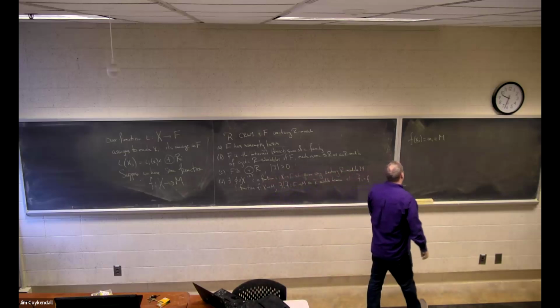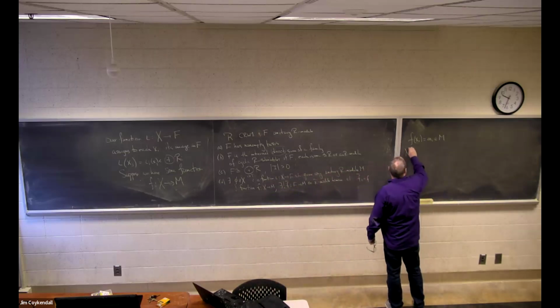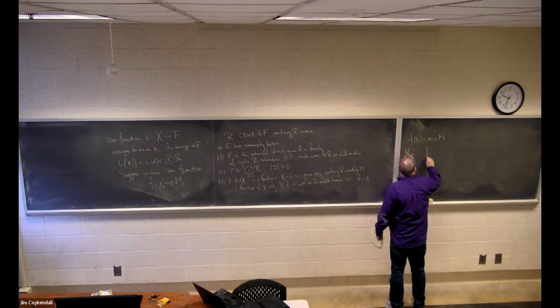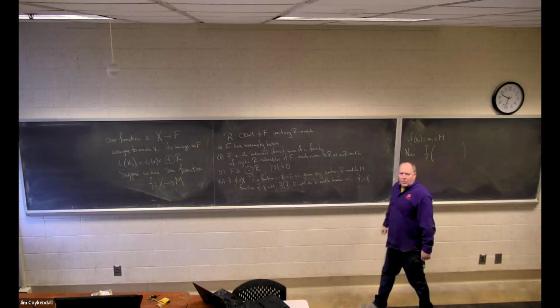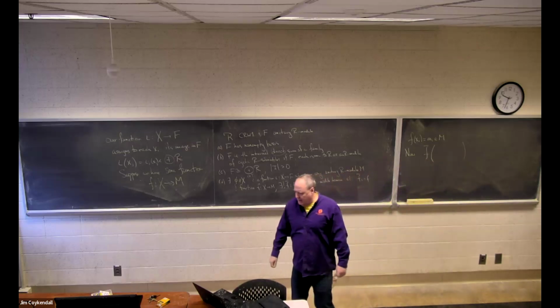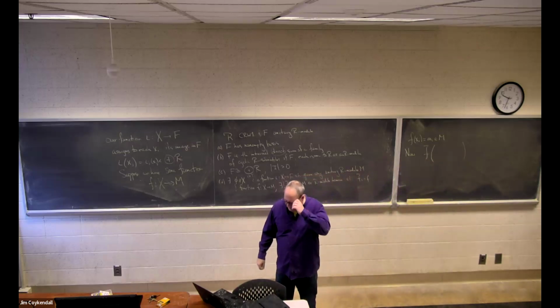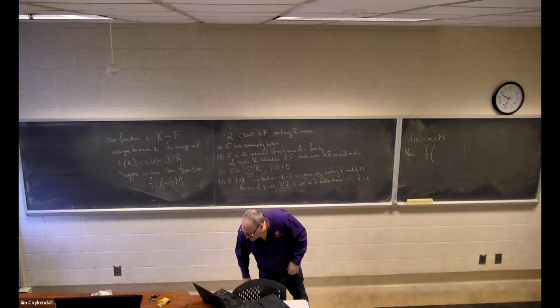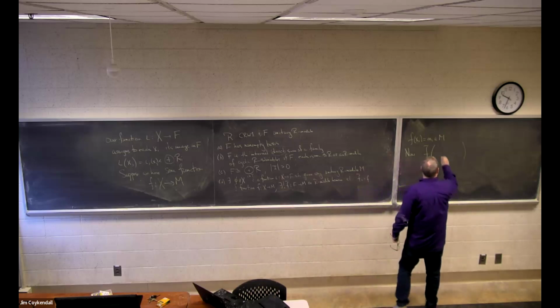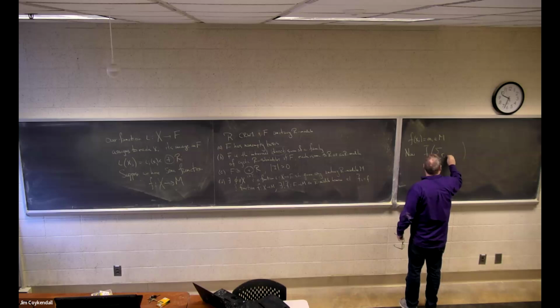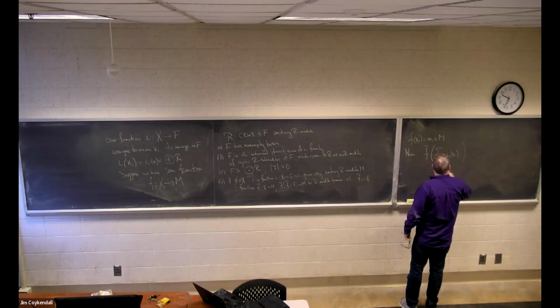So the desired homomorphism, I'm going to tell you what it does to a typical element of this direct sum, which is sum of Ri iota of Xi.